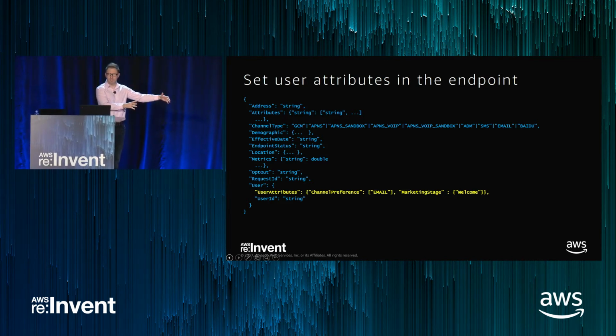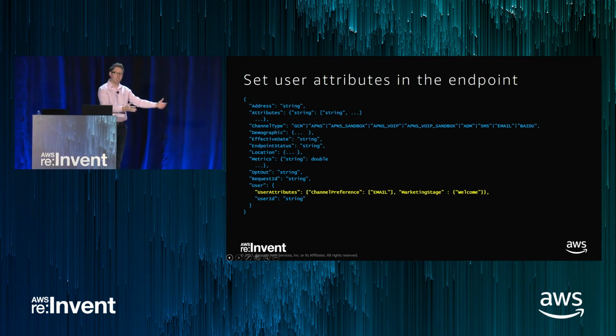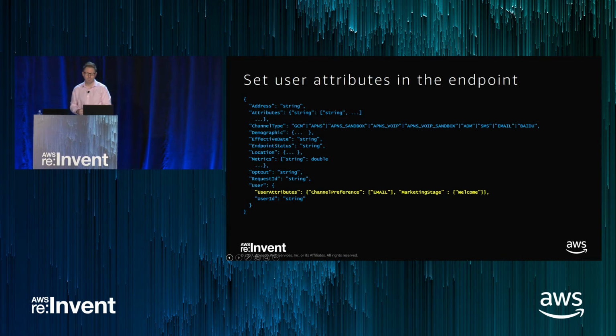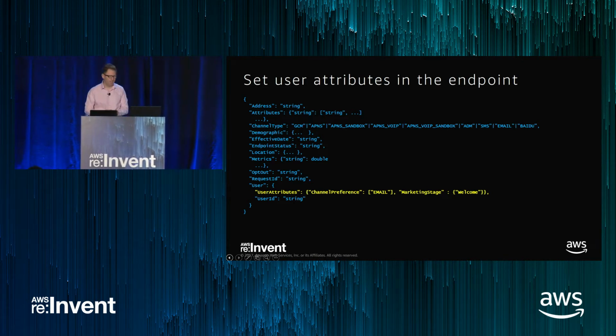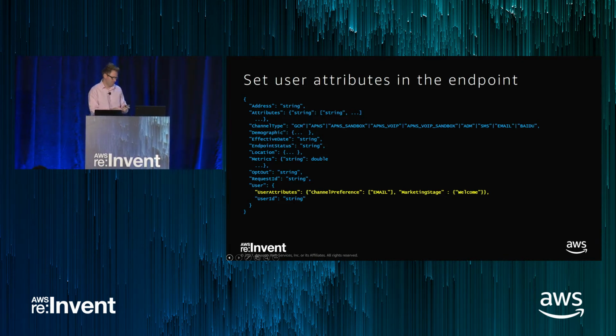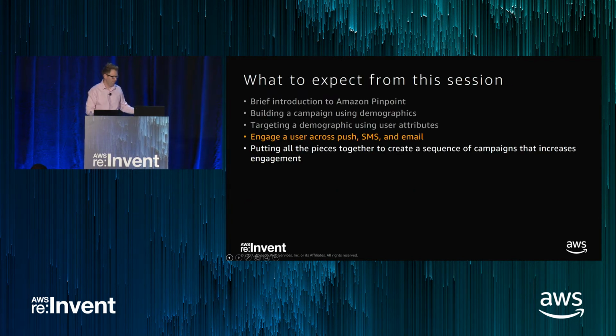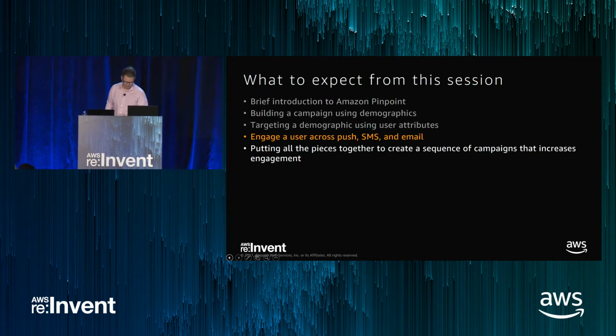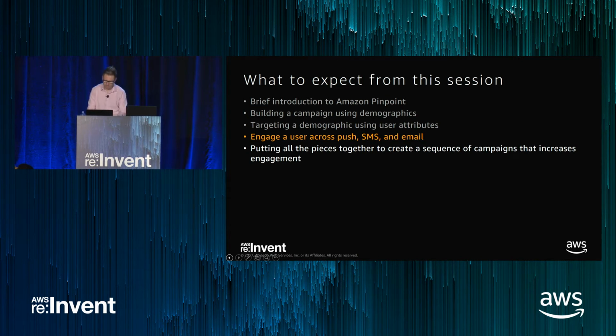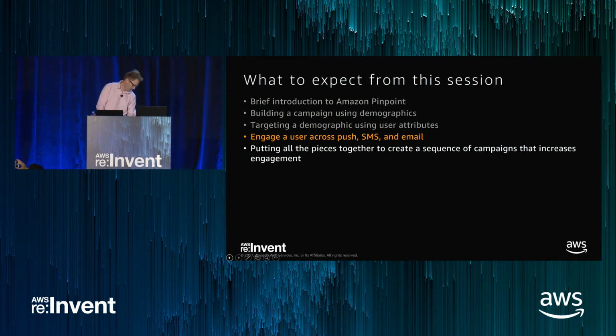We'll move them to the second stage, an incentivizing stage, and then finally a reward stage, a thank you stage. So let's jump back over to demo mode, and let's create some endpoints.